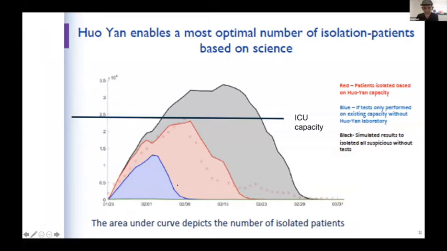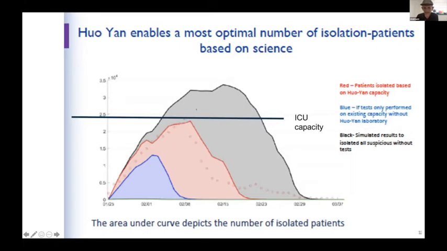The blue was what they could recognize in the previous technology. Red is what they found with the updated technology. And in gray, what you can see is the amount of cases that they avoided by quarantining those new individuals detected as carriers.